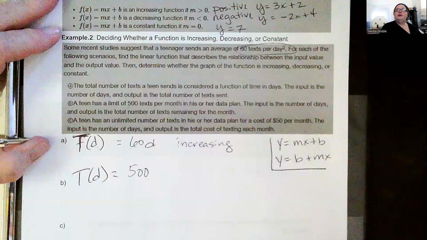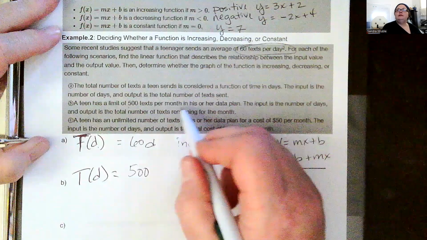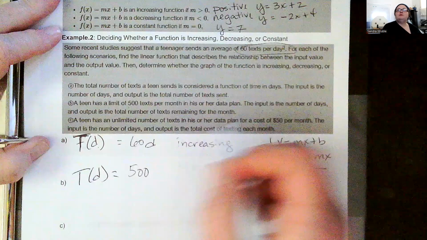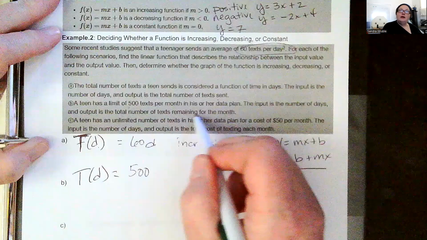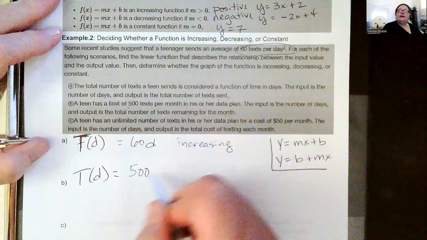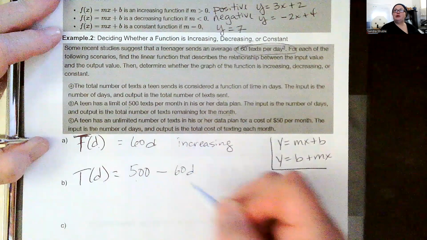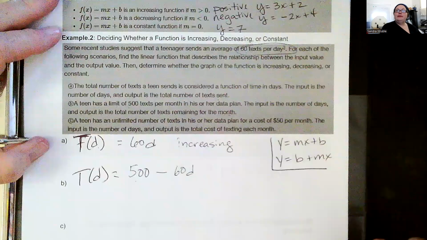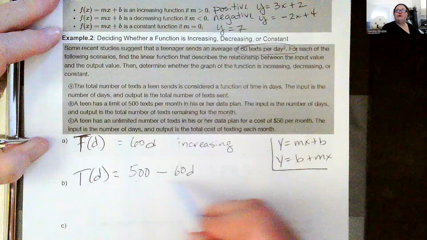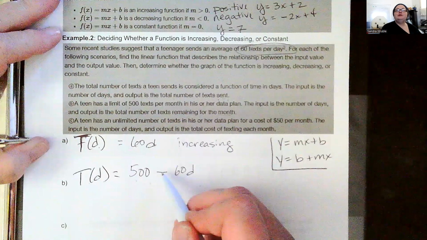All right, but then what's happening after that? In his or her data plan, the input is the number of days, the output is the total number of texts remaining for the month. So from that 500 texts, they're going to be subtracting 60 per day because that's how much they're averaging. So in this case, it's easier to have your y-intercept or your initial value first, because then you're subtracting it.